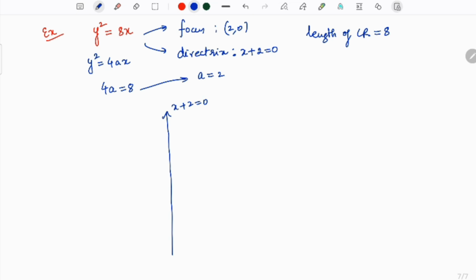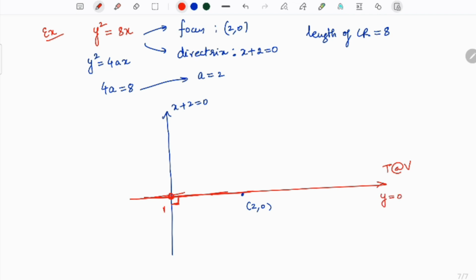And the focus is somewhere here, (2, 0). So what is the axis equation? Perpendicular to the directrix and passing through the focus. This is the tangent at the vertex. So the equation of the axis would be y is equal to 0.